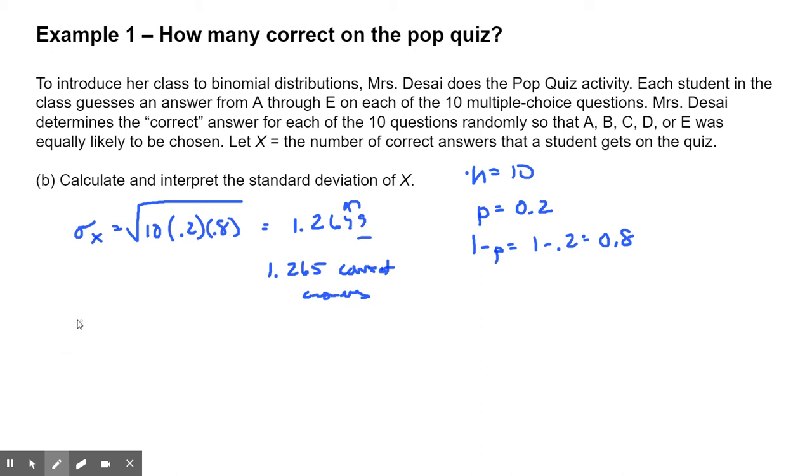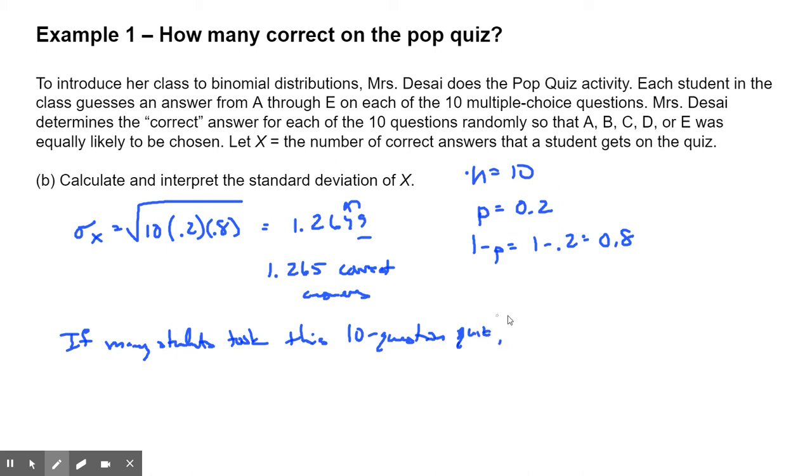And we'll interpret these similarly. We'll say if many students took this 10-question quiz, and again, it's just multiple repetitions, right?